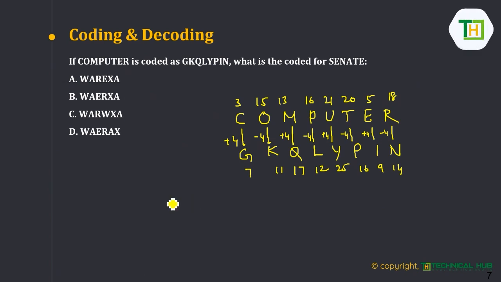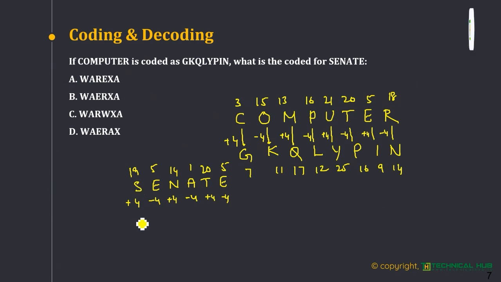So I'll apply the same for Senate here. SENATE. So S is 19, E is 5, N is 14, A is 1, T is 20 and E is 5. So +4, -4, +4, -4, +4 and -4. So 19 plus 4 is 23. 5 minus 4 is 1. 14 plus 4 is 18.